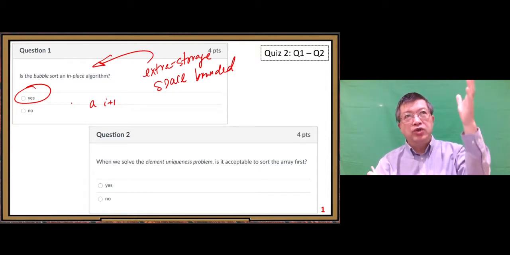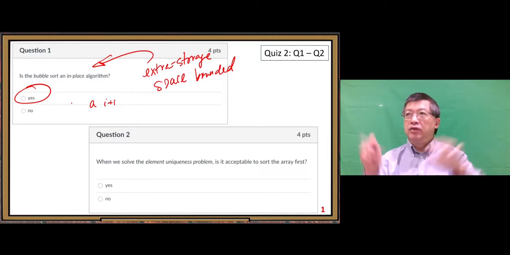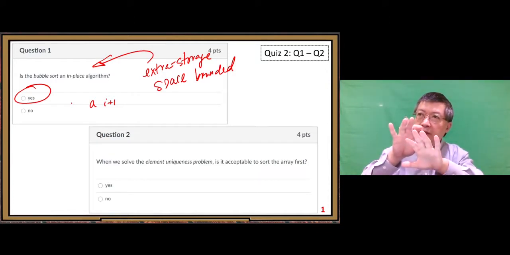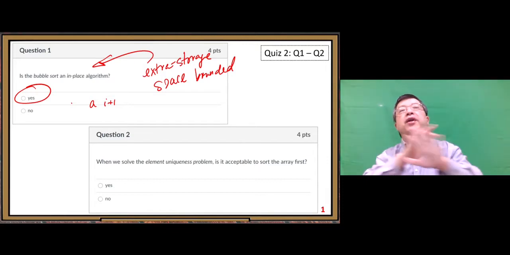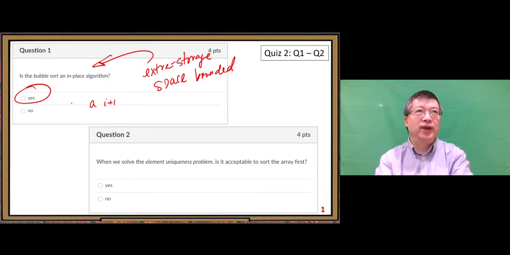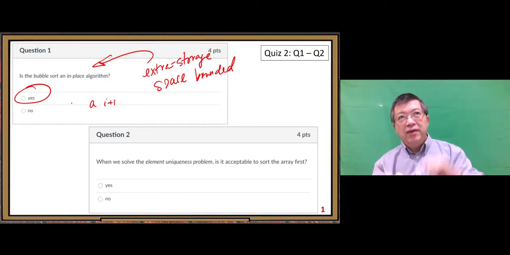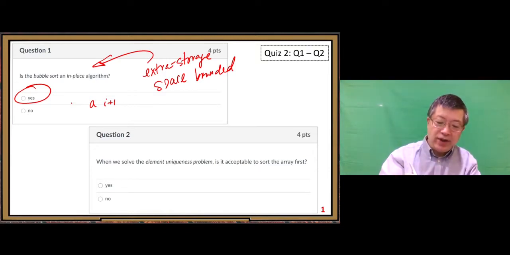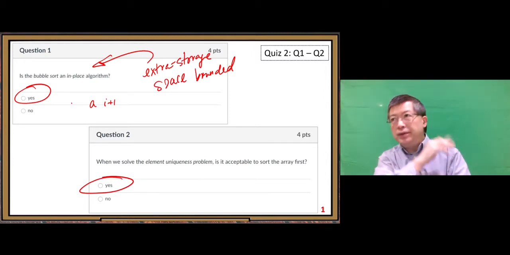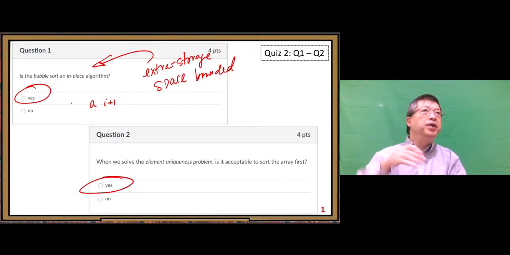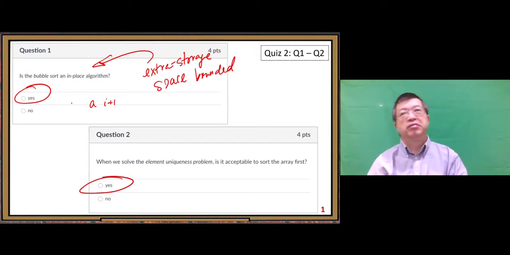The second, we sort it. After we do the comparison, we find if we sort it first, we get a better performance. So based on that, we can make this answer. It is acceptable.